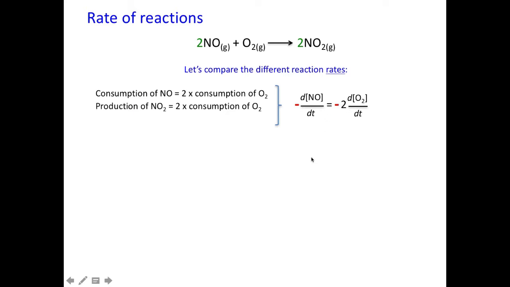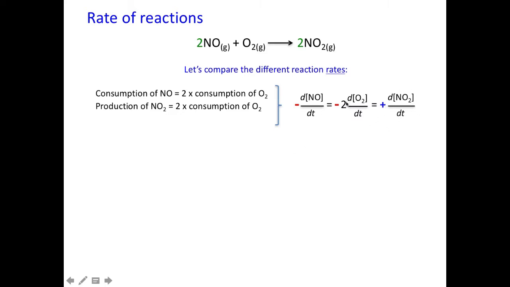by this relation. Now the production rate of NO2 is 2 times the consumption rate of oxygen. Every 1 mole of oxygen that disappears, 2 moles of NO2 are formed. So the production of NO2 is 2 times the consumption of oxygen, and we would show this in this way.